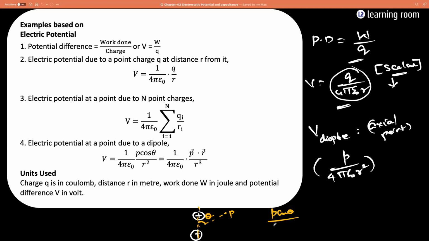It is going to be P cos theta divided by 4 pi epsilon naught into small r square. That's it. Right. So what is the other way of writing it? It is P vector dot R vector divided by 4 pi epsilon naught R cube.